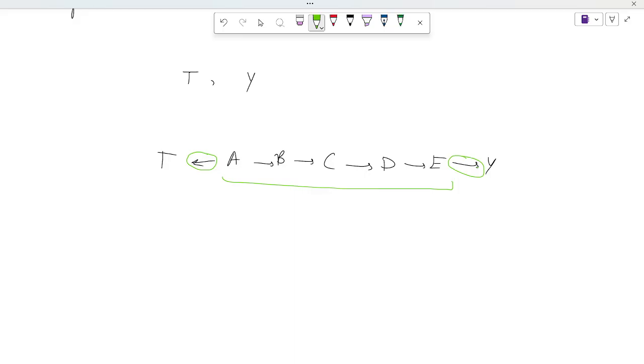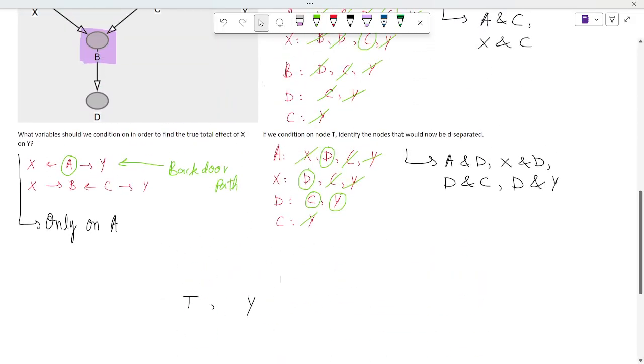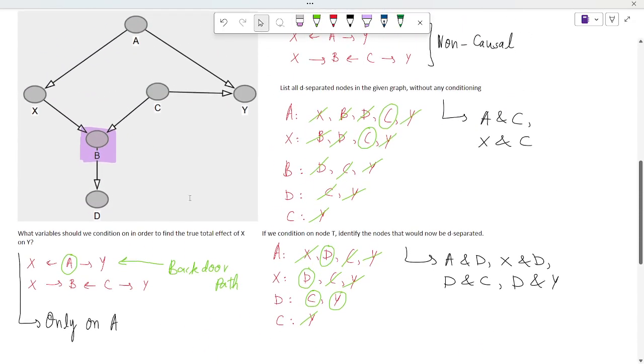Absolutely. So बैकडोर पाथ वही पाथ होती है जिसमें ट्रीटमेंट के अंदर भी एरो जा रहा हो और आउटकम के अंदर भी एरो जा रहा हो. जब इस तरह की पाथ एग्जिस्ट करे तो इसका मतलब होता है कि there must be a confounder somewhere along that path, then you have to find the confounder and you have to condition on it. और जो पीछे वाला क्वेश्चन था, उसके अंदर ट्रीटमेंट के अंदर से बी की तरफ एरो जा रहा था, इसलिए वो बैकडोर कंसिडर नहीं हो सकता.